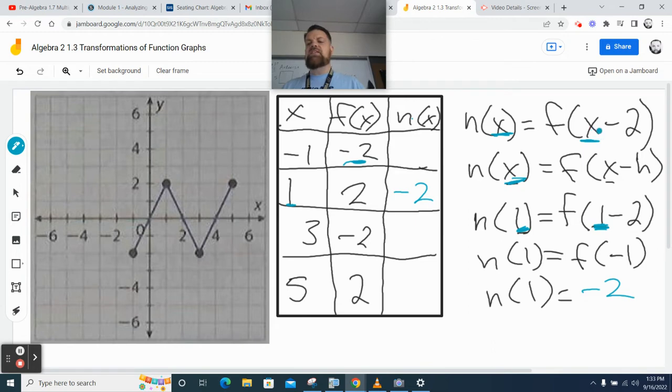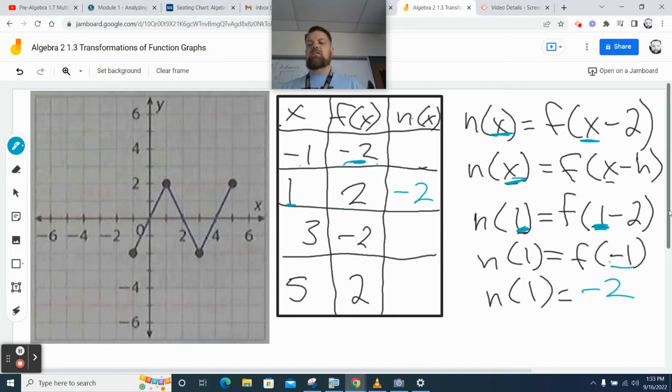My formula says x minus 2, and so I have 1 minus 2. What's 1 minus 2 equal? -1. What's f of -1? It is the y value when x equals -1. That's -2. So that goes in here.